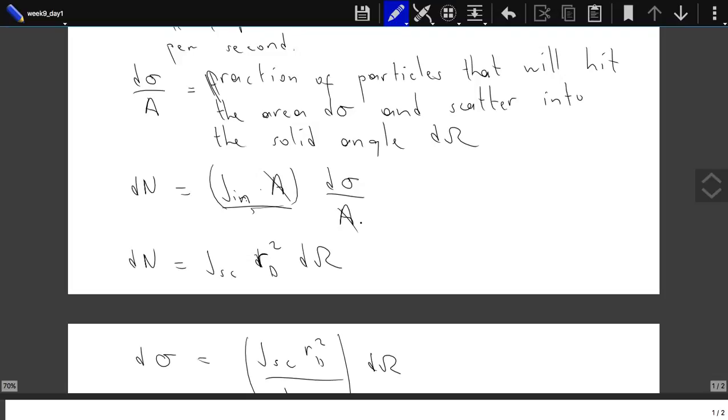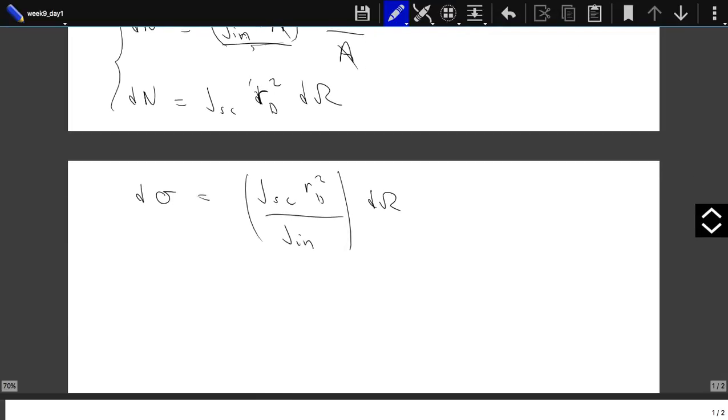Furthermore, it is the current density of particles at the point of my detector times the area of my detector, which is the distance of the detector from the source squared times the solid angle of my detector. Using these two equations, you can express the solid angle in terms of the currents of particles.